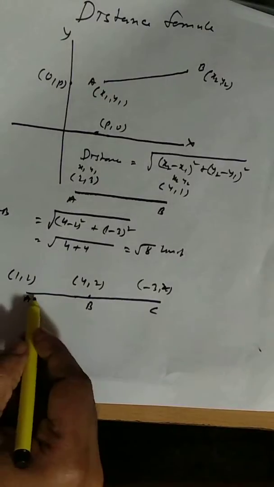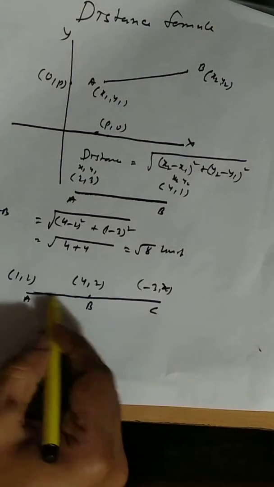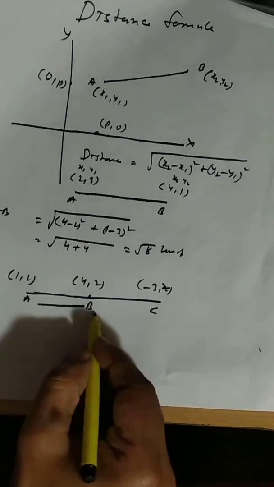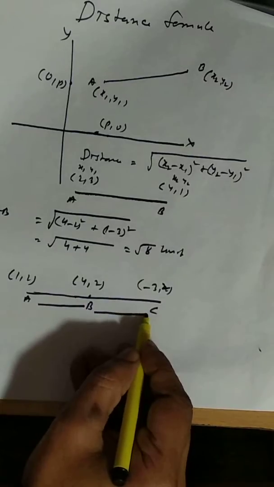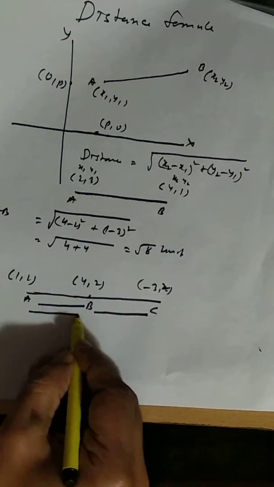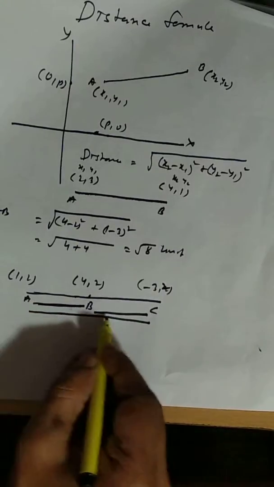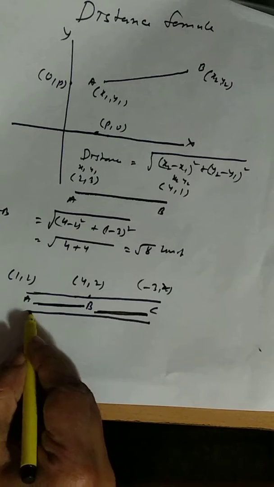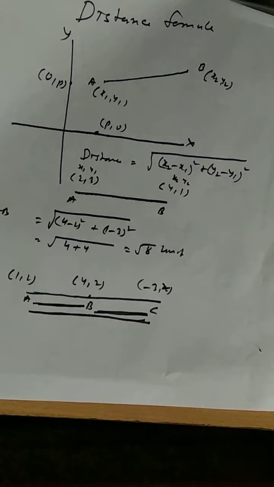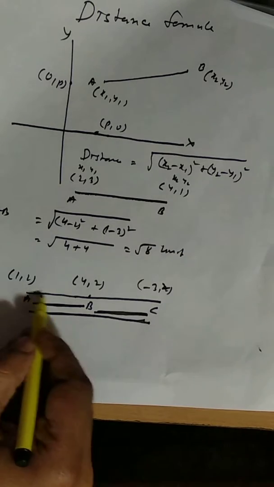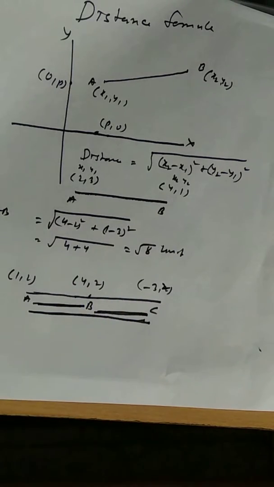The simplest test can be, you can find the distance AB and also the distance BC, and thirdly you can find the distance between AC. If the sum of AB and BC happens to be AC, then these 3 points are on the same line, meaning they are collinear. Collinear means they are on the same line.